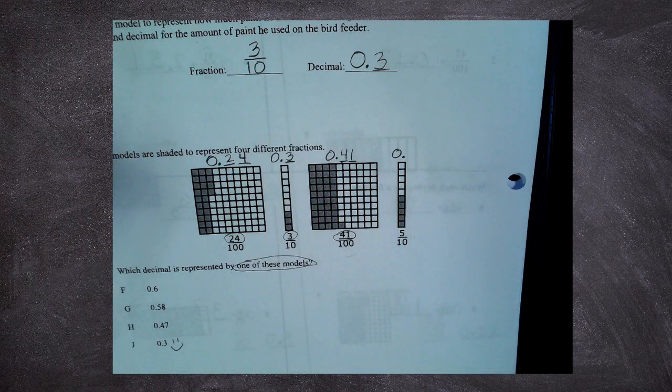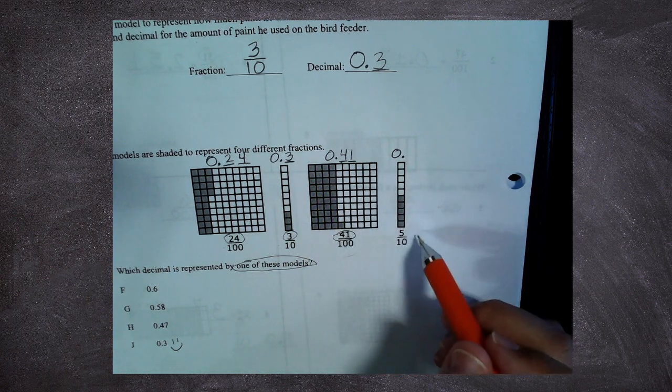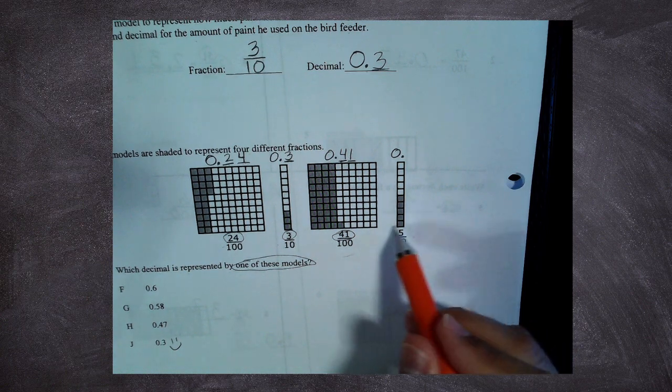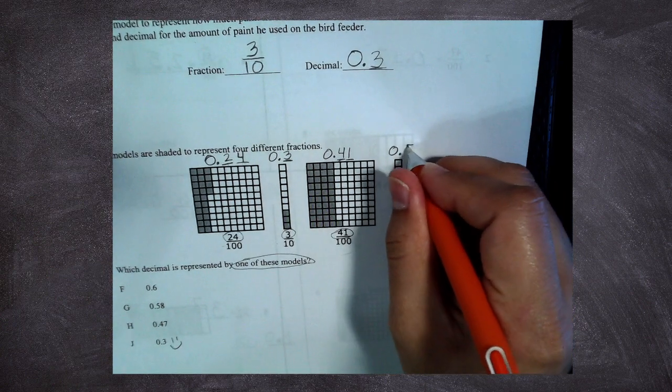We've got one last one. 5 out of 10. Ezekiel, help me with this one. What decimal would match 5 out of 10? How would I write this fraction as a decimal? 0.5. Ooh, very good, Ezekiel. Good job.